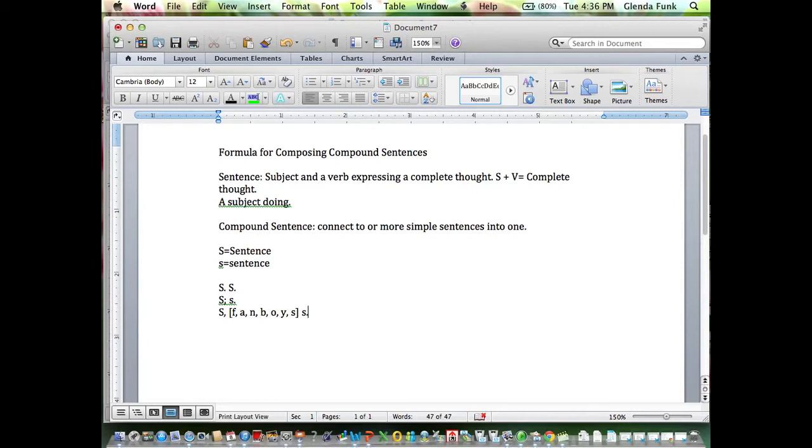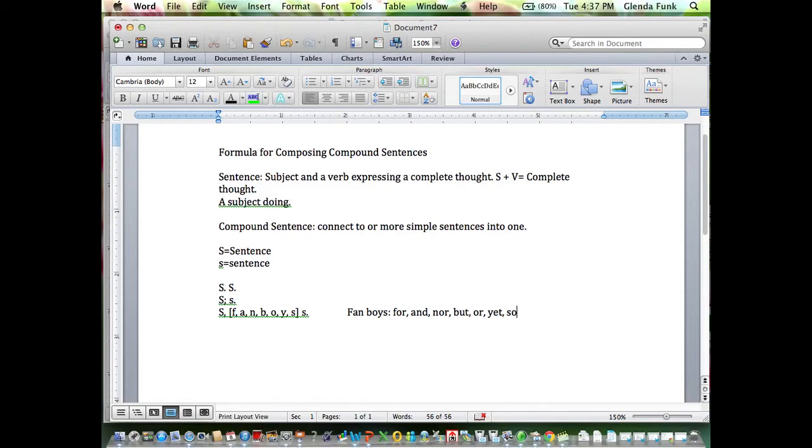I then put on another part of the board what FANBOYS stands for. FANBOYS is the acronym for remembering all of the coordinating conjunctions: for, and, nor, but, or, yet, and the conjunction so.